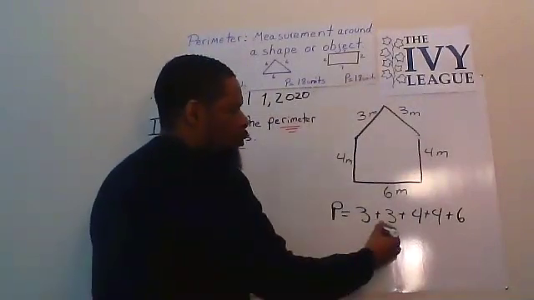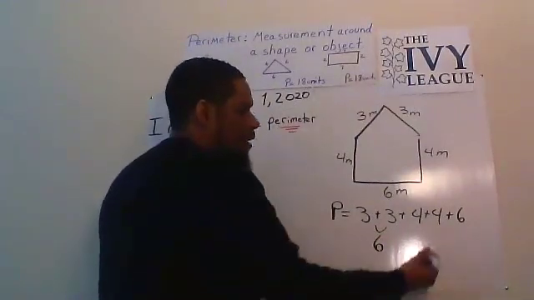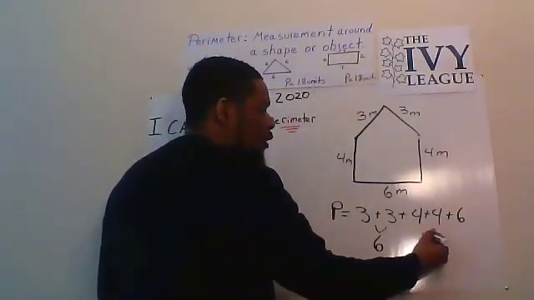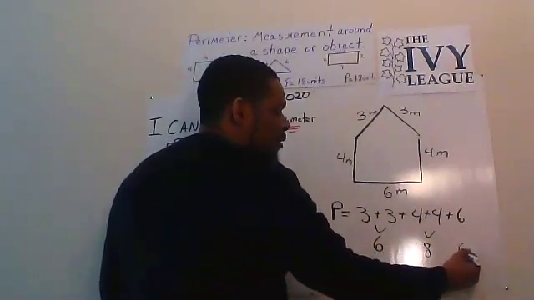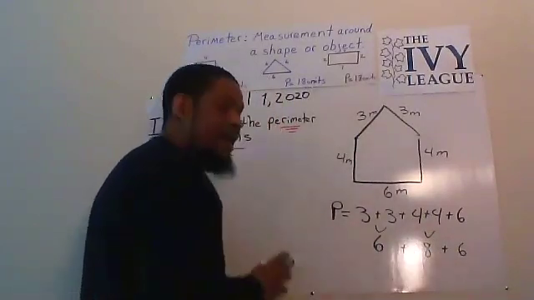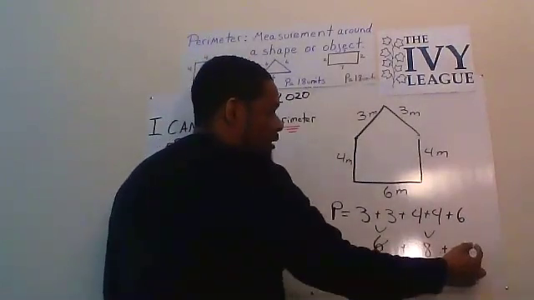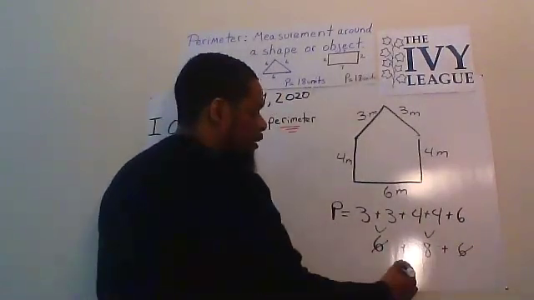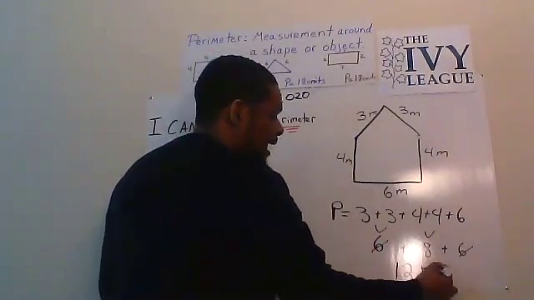Okay, we know 2 3s are 6. We know 2 4s make 8, and I'm going to bring down my last add-in of 6. Okay, now I see a double. I know 6 and 6 double makes 12 plus 8.